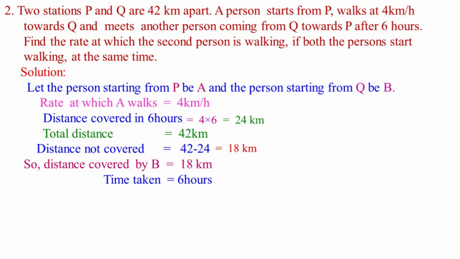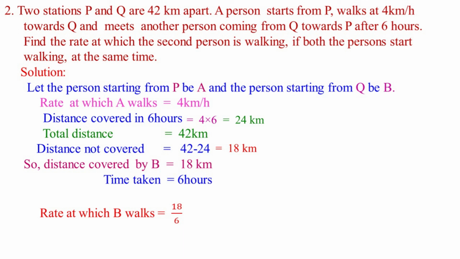Total time taken by B is also 6 hours. You know that very well. Time taken by B is also 6 hours. Here we have to find the speed of person B. So the rate at which B walks, which means the speed of B, is equal to 18 by 6. Speed equal to distance by time taken.